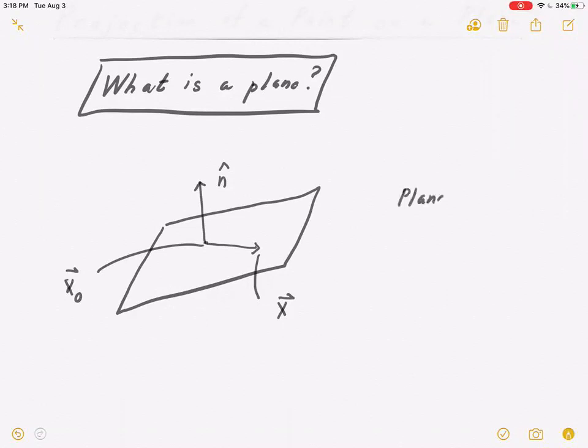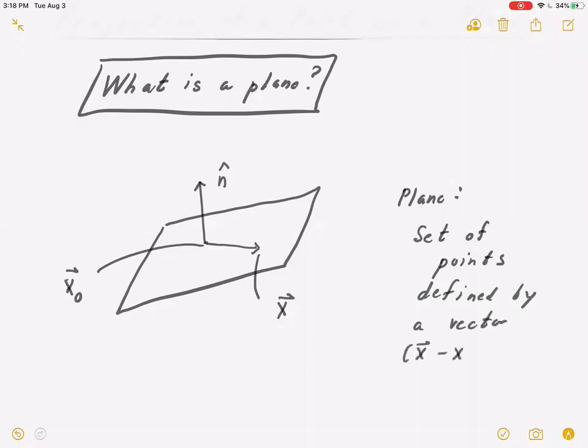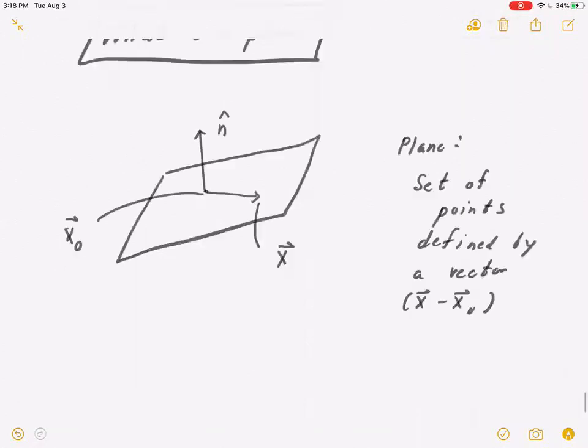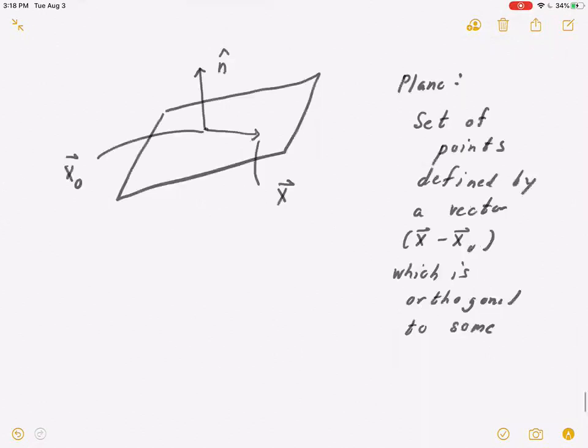So if you look at this picture, you can see that what you really mean by a plane, it's a set of points defined by a vector. And this vector is simply x minus x naught. And this vector is orthogonal to some unit vector, which I'll call n hat.